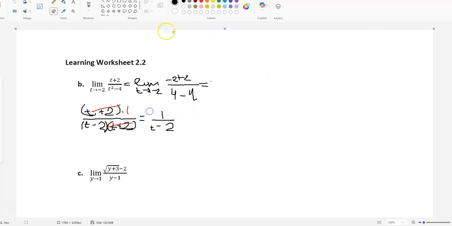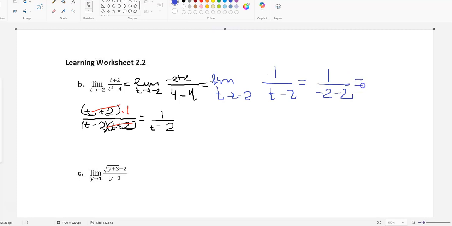Use this expression for the limit, and that will be the limit as t approaches -2 of 1 over t minus 1. So you plug in 1 over -2 minus 1 and calculate the value, which is -1/3.